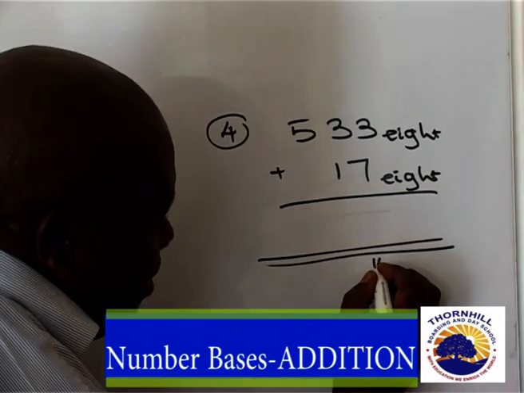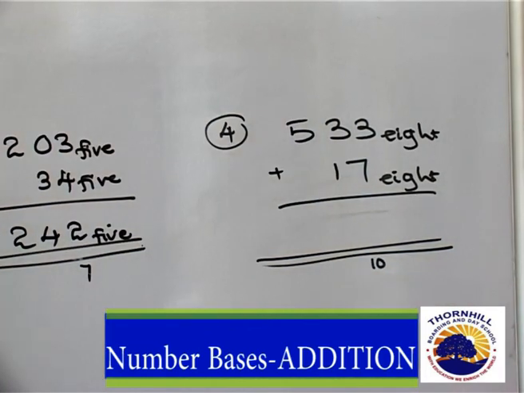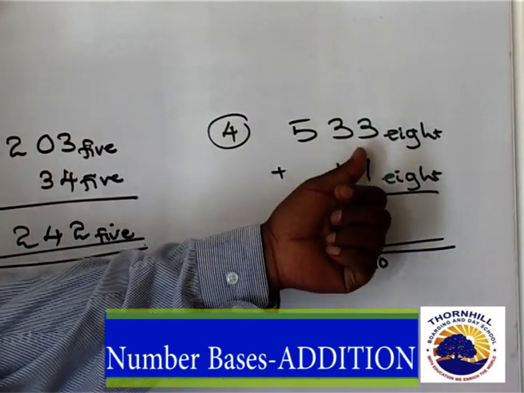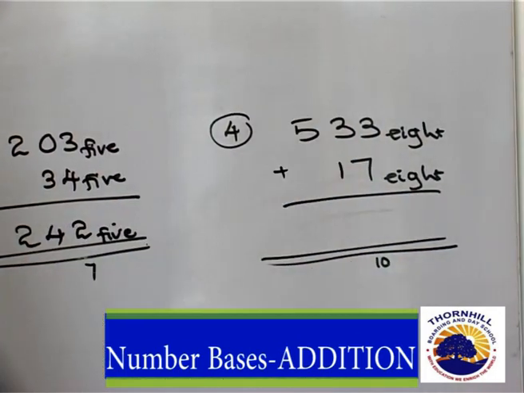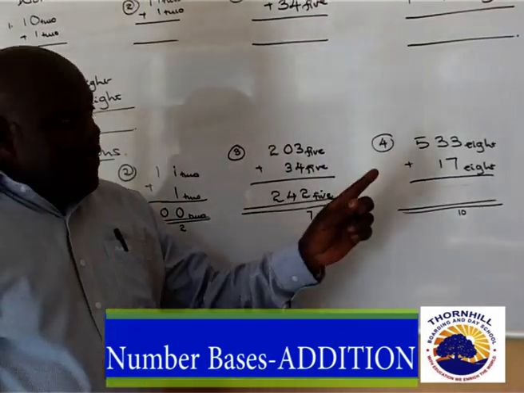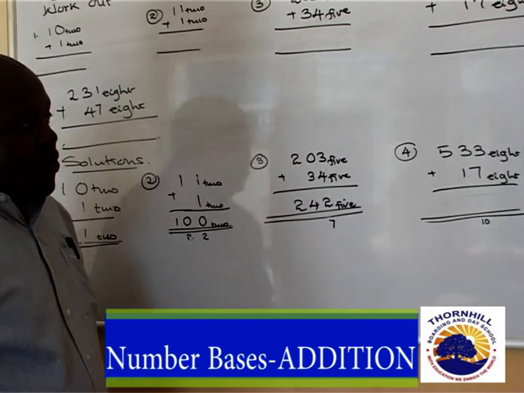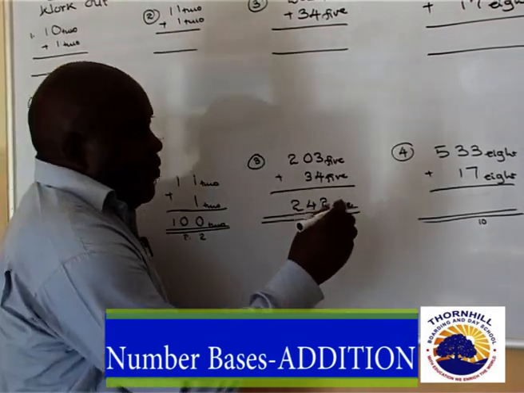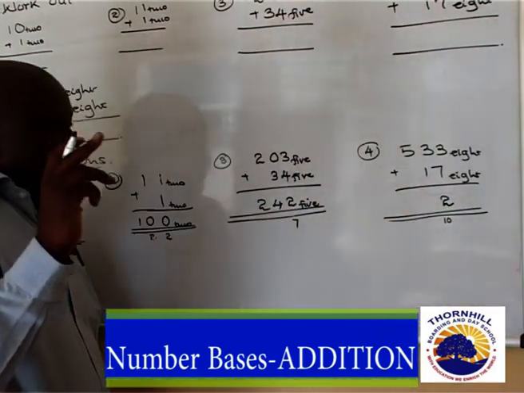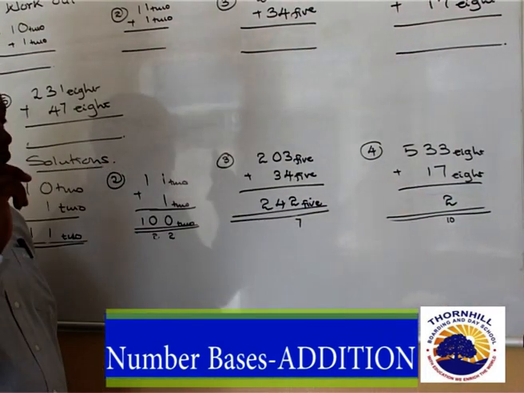And now, there is no 10 in base 8. There is only a 1, 0. But this is not a 1, 0, this is a 10, because we are simply adding the numbers which we have been given. So there is no 10 in base 8. What do we do? We find out how many 8s are in 10. We say there is one 8 in 10. And then what remains is a 2. We write our 2. We remember the number of times 8 went into 10, which is 1.